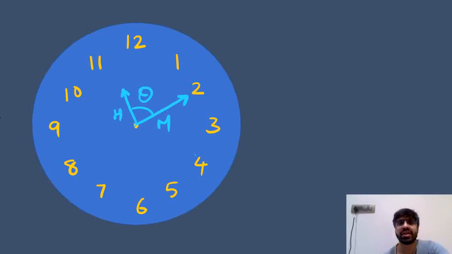Now, let's just check the angle between 11 and 2. Between 11 and 2, there are 1, 2 and 3 parts, which is why we can say that the angle between 11 and 2 will be 30 into 3, which is equal to 90 degrees. Because the angle between two consecutive numbers was 30, we can say that the angle between 11 and 2 will be 30 plus 30 plus 30, which is equal to 90 degrees.